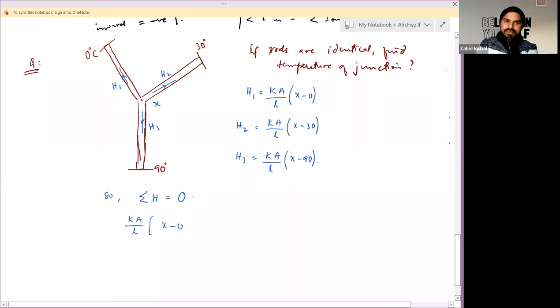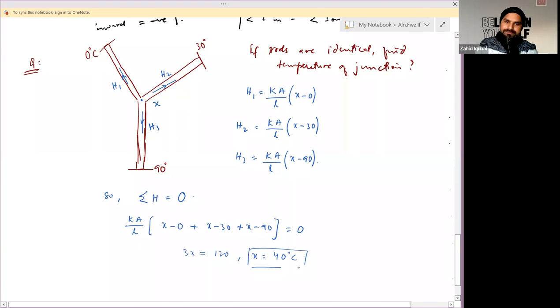So you're left with X minus 0, plus X minus 30, plus X minus 90 equals 0. This coefficient part moving to the other side becomes 0. So X plus X plus X, we have 3X equals 30 plus 90, which is 120. It means X equals 40 degrees Celsius.